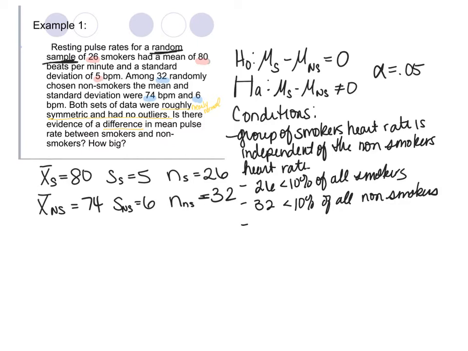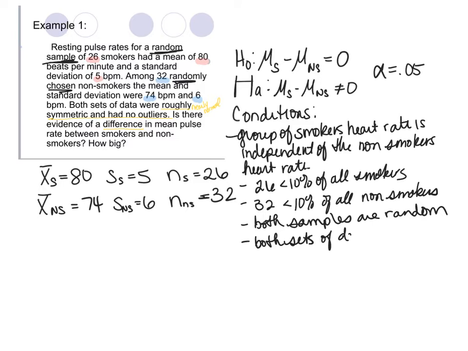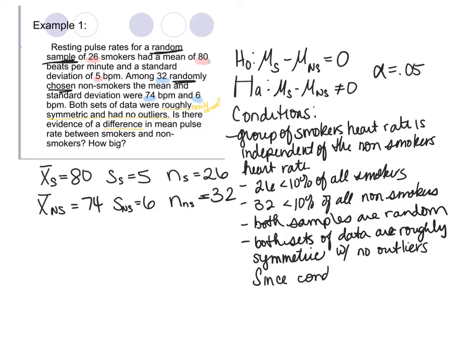It says random sample, randomly chosen. So both samples are random. And then it states that both sets of data are roughly symmetric with no outliers. So since conditions are met, a T model is appropriate.